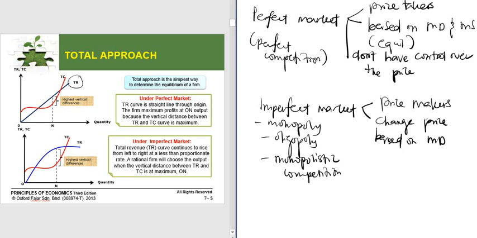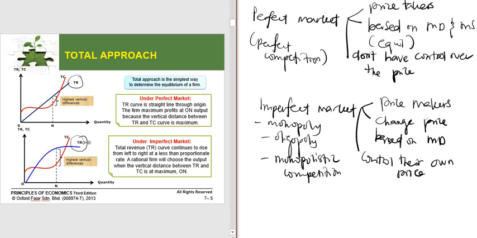So they can basically control their own price. That's why when we calculate total revenue for imperfect market, you will have a different total revenue which is increasing like this. So you have a curvy total revenue as compared to linear total revenue for perfect market, from the graph.